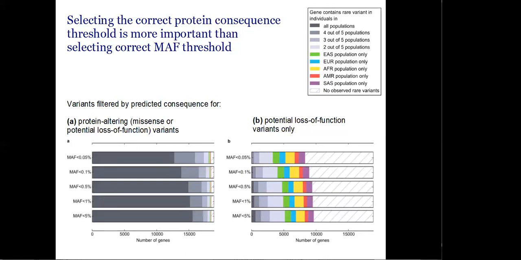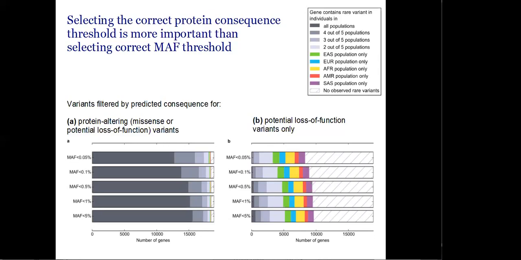So this mountain of data, we can browse this mountain of data and reveal a couple of interesting insights about population structure and variation in general. So for example, one thing we noticed is that if you change your variant filtering thresholds by minor allele frequency, the number of genes that contain rare variation doesn't change by that much.